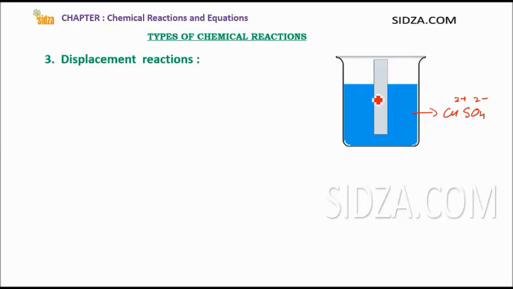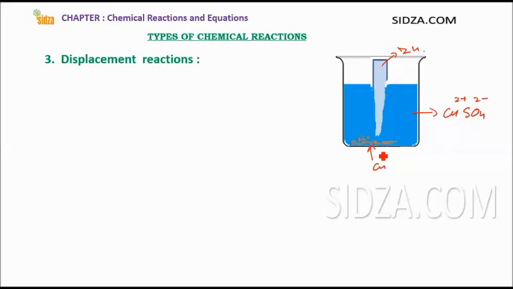Once I insert the zinc rod in it, just after some time, you'll find that there is a kind of a precipitation that is formed here, and the metallic zinc rod will start dissolving. Its weight will decrease. So you get here the metallic copper, precipitation of the copper, after some time.